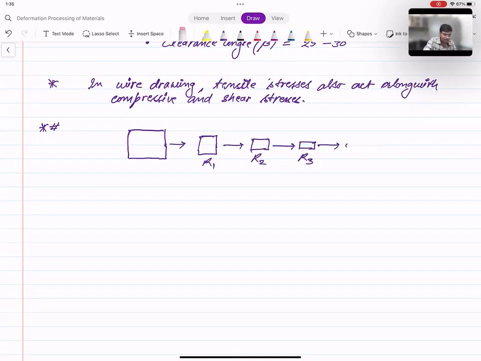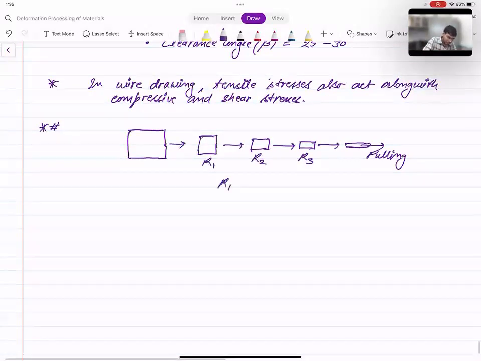Okay. And here it is pulled using tensile load, or is generally coiled in a coiling system. So here R1 will be higher than R2, which will be higher than R3, and this follows.